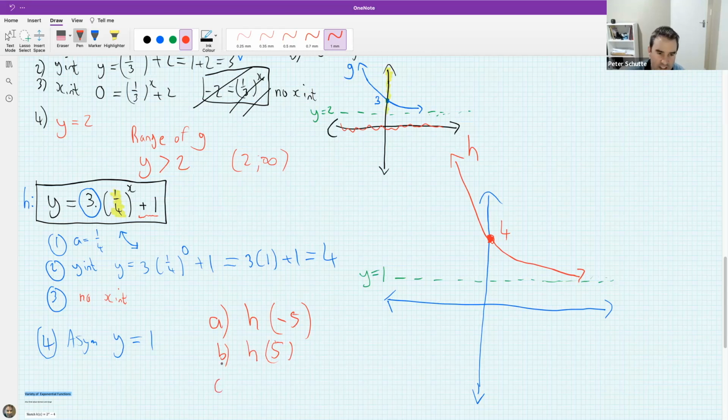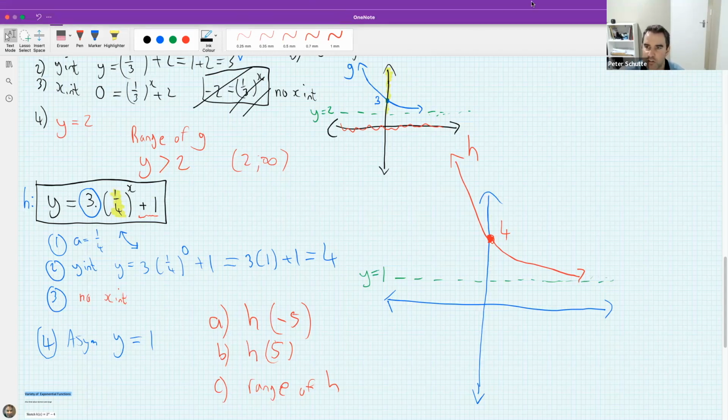And then for C, find me the range of H. And I think that is going to be my 3 last questions for today. So find me the H of -5, find me the H of 5, and find me the range of H. And I'd love to hear a student's voice if you are feeling so led. Otherwise, pop it in the chat.